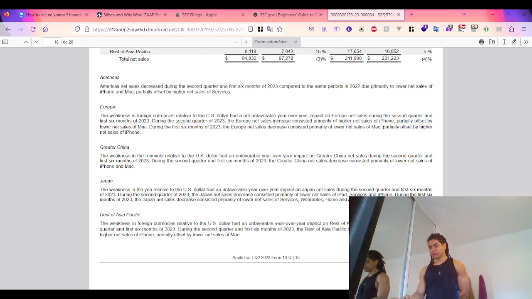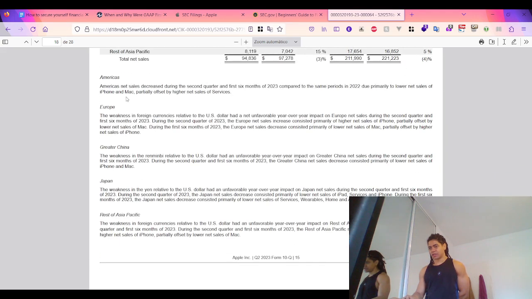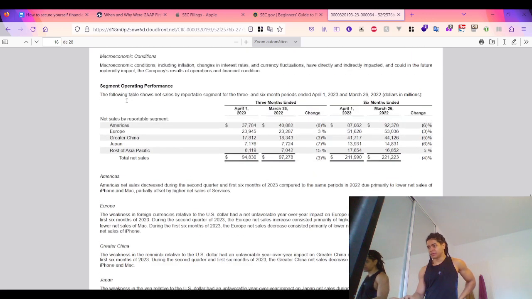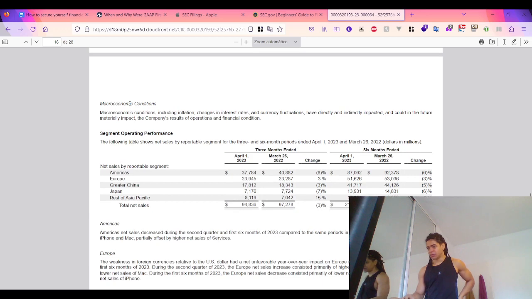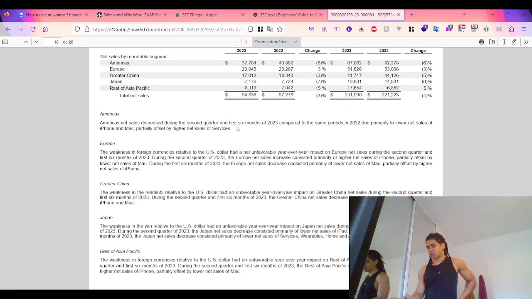So they are measuring it quarterly, and in Americas, I don't know what Americas means for them. Americas net sales decreased during the second quarter and first 6 months of 2023 compared to the same periods of 2022.